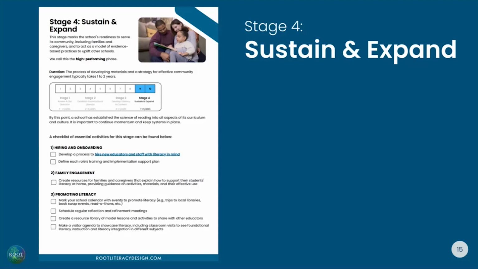And we need to keep in mind that there will be turnover from year to year. Even if you have a super committed staff, they retire. And we had a year where we had a lot of shifting and everything. And then it was like, oh, wow. Now we need to hire with literacy in mind. We need to then continue to work on the coaching and onboarding of these new folks and how quickly can we get them up to the same level as the rest of our team.